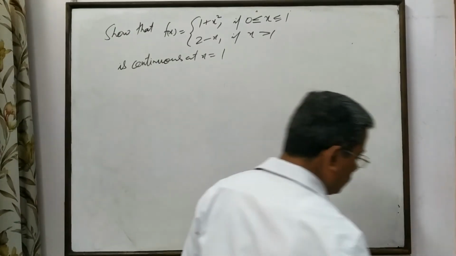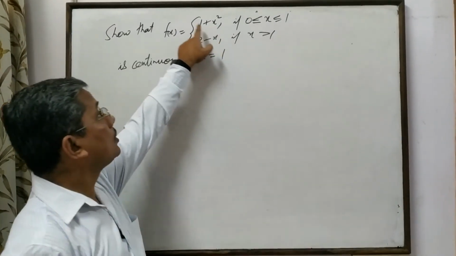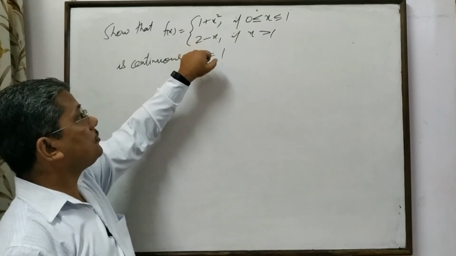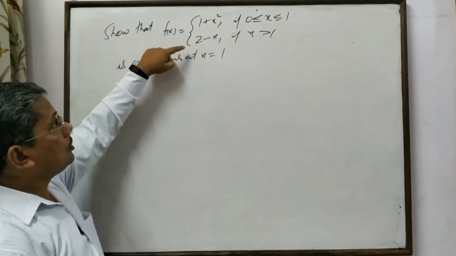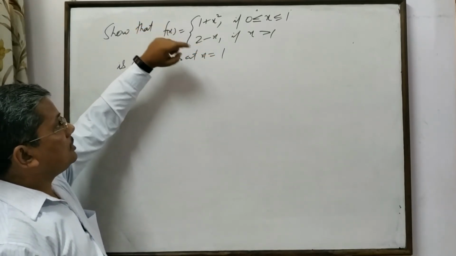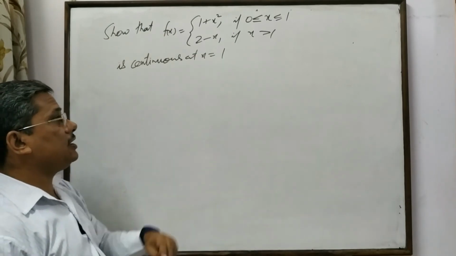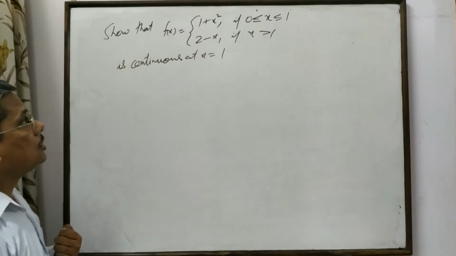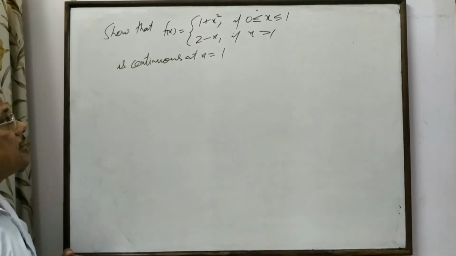Now you can see for x greater than 1 the function is defined differently, and for x less than 1 the function is defined differently. When this is the case, that for x less than a and greater than a the function is defined differently, we choose to find the left hand limit and right hand limit separately.